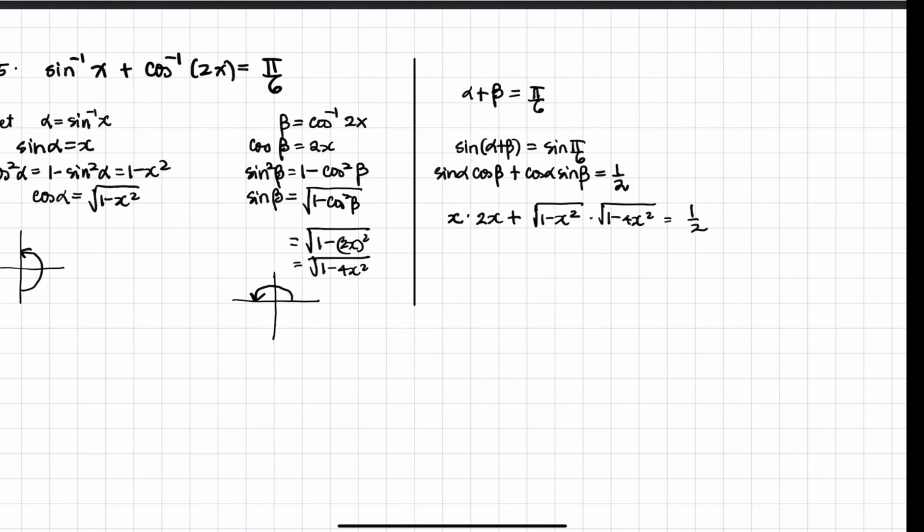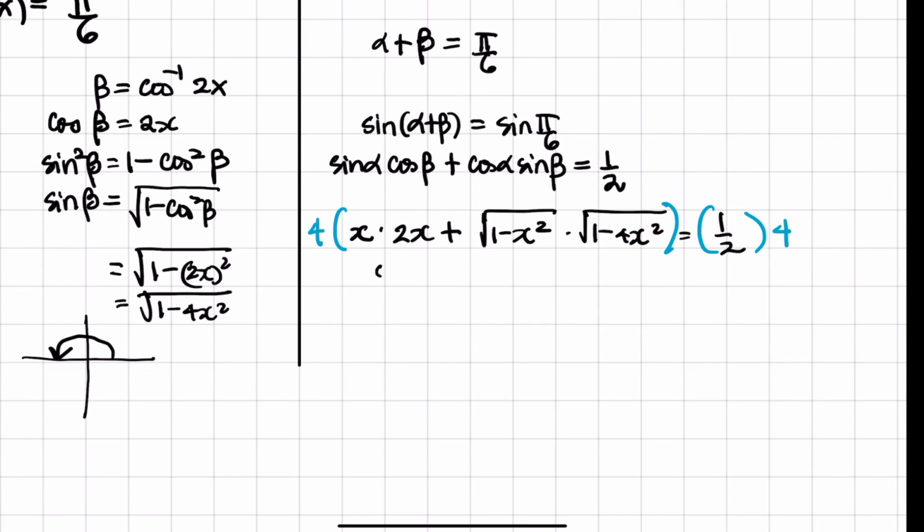Okay, simplify lang natin onti para medyo gumanda. Let us multiply both sides by 4 para mawala yung fractions. So, let's multiply everything by 4. Anong mapapala natin? So, 8x square plus 4 times yung may mga square root. Bakit 4? 2 na lang, sorry.